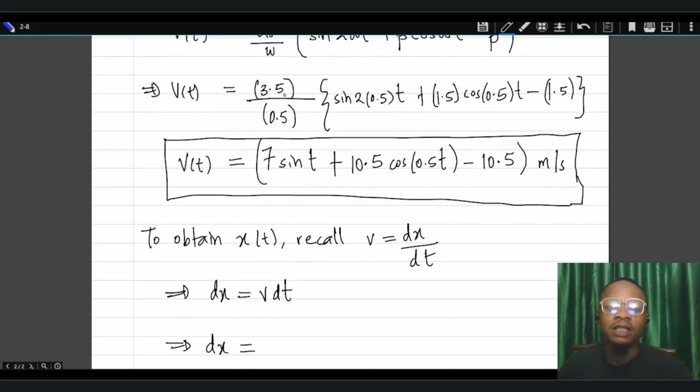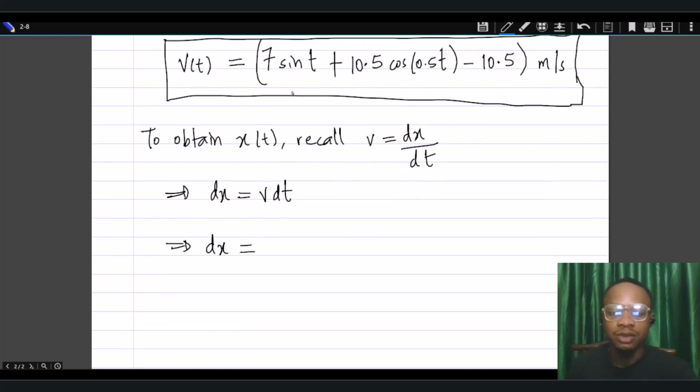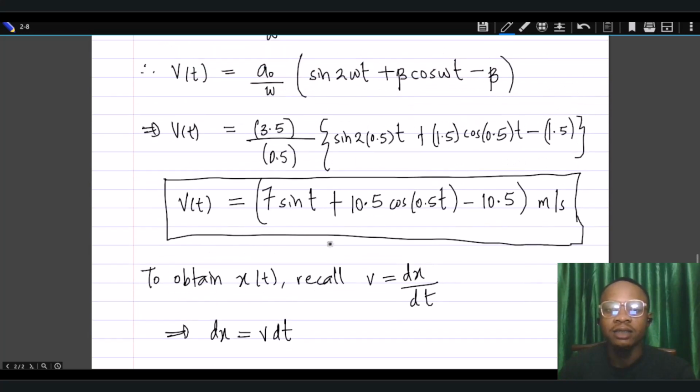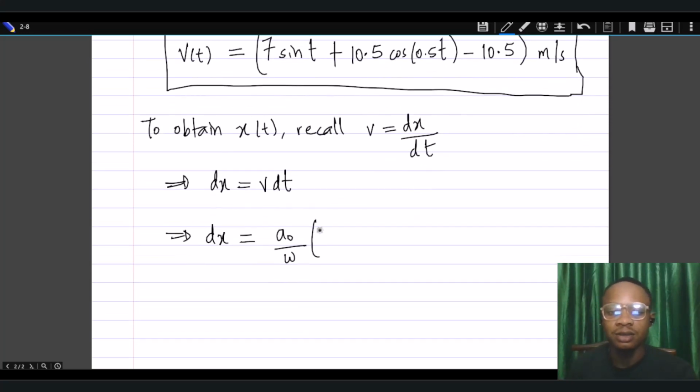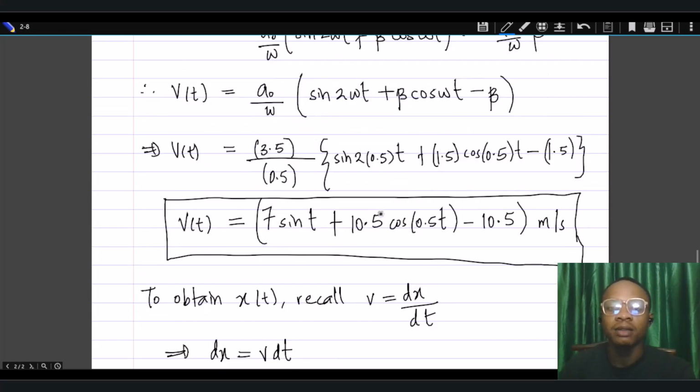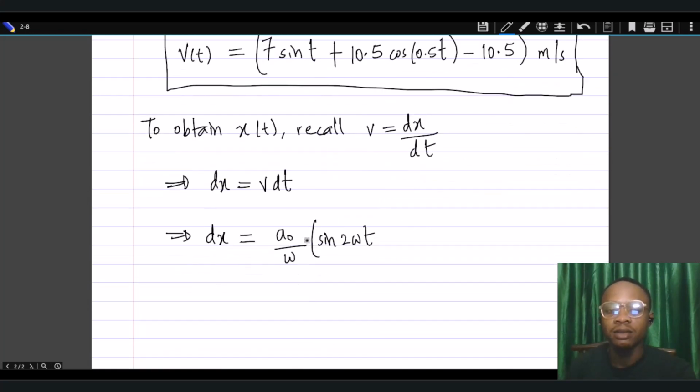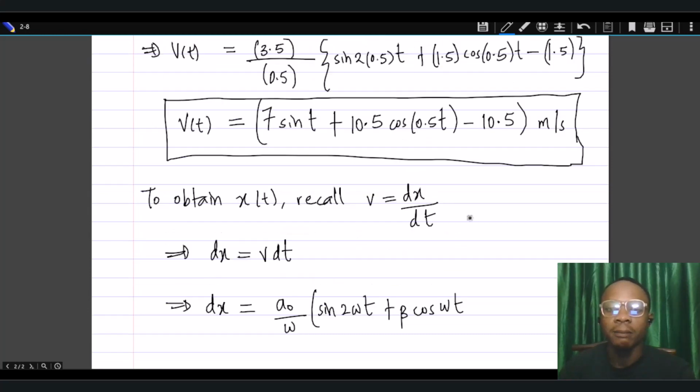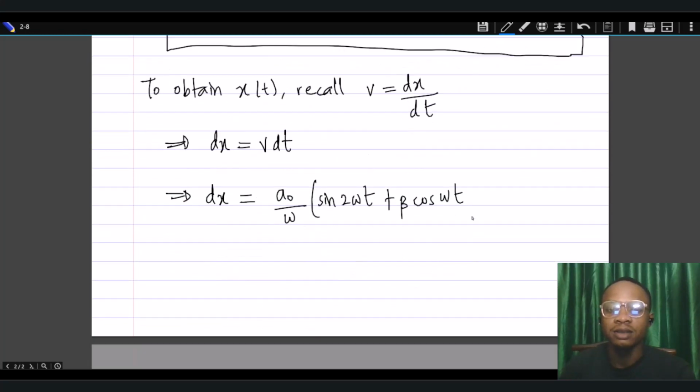This is a naught over omega, so this is going to be a naught over omega into sine 2 omega t, minus beta cos omega t plus beta cos omega t, then minus beta, then dt.